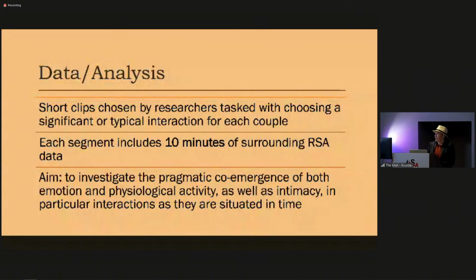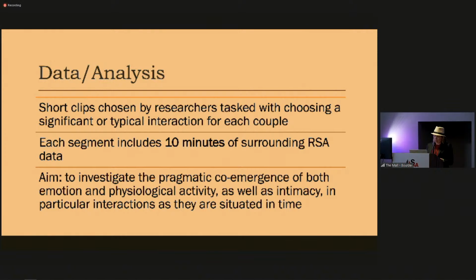Okay, so the data that I will show a little bit of here comes from a study where we took some clips from each couple. They were chosen by researchers who were tasked with choosing a significant or typical interaction. The focal interactions are less than 1 minute sometimes to 3 minutes, but each segment includes 10 minutes of surrounding RSA.